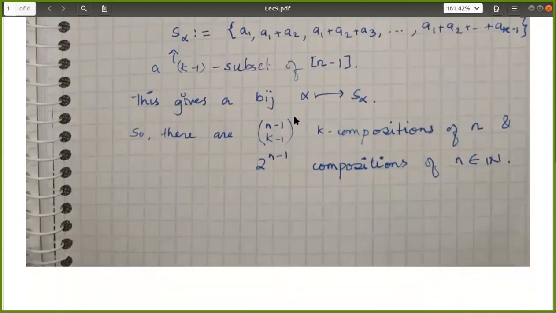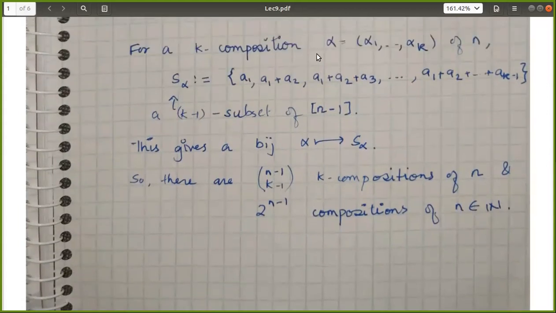Okay, so at least this we know: the number of ways one can take these k compositions is n minus 1 choose k minus 1, because you are really just taking k minus 1 subsets of n minus 1, right? Using this bijection, I know that the number of k compositions of n is n minus 1 choose k minus 1.